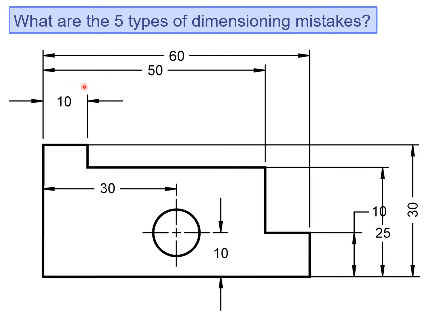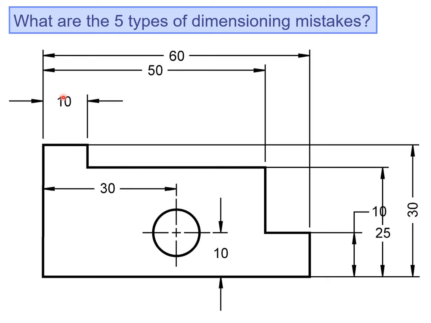Now we have a space here, but here it's tight. The rule is, once you place your first dimension, from there on you put 1 text height between the first dimension and the next dimension, and so on. That spacing is 1 text height, which is again 0.16 or 0.18 inches.